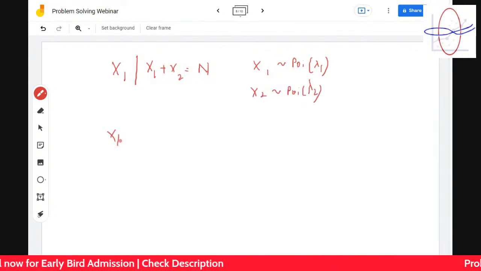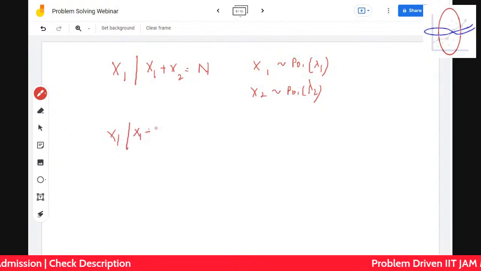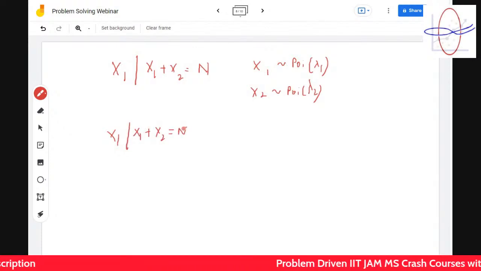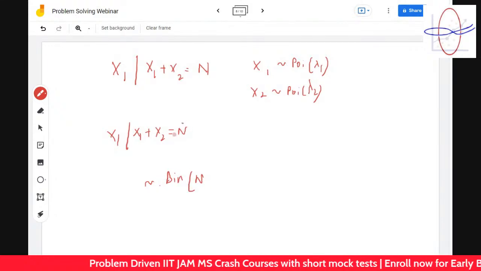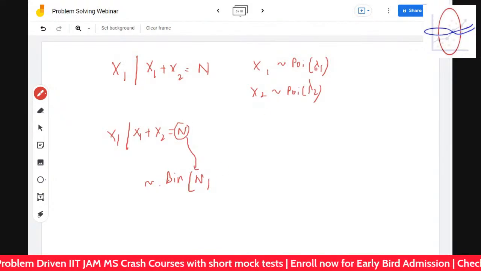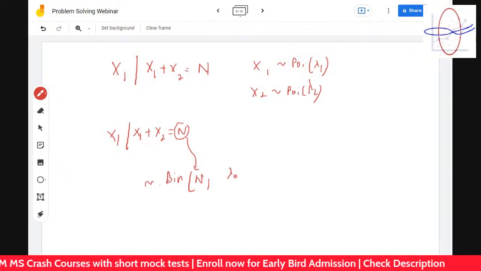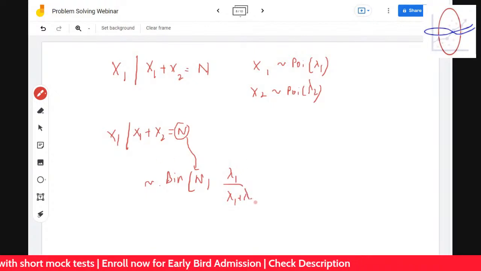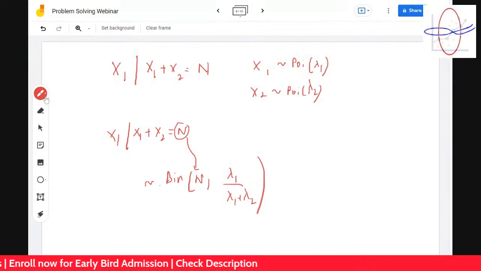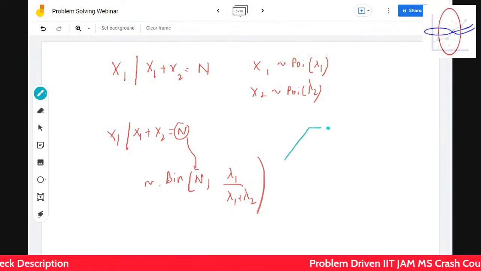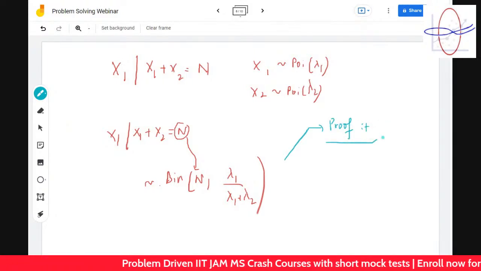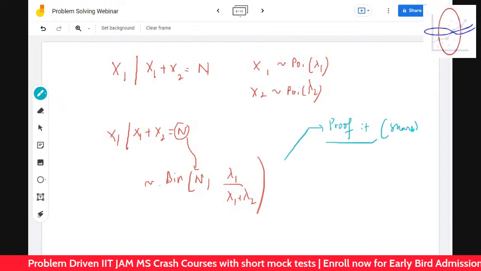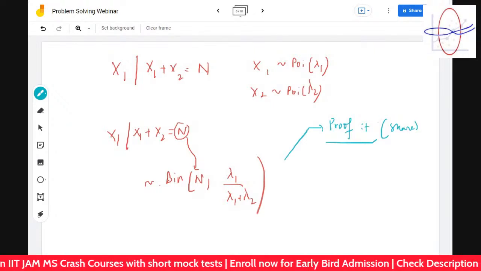Then X1 given X1 plus X2 is equal to N follows binomial N, lambda 1 by lambda 1 plus lambda 2. The homework after this class is that you should write down the proof of it and share it just after this class in the WhatsApp group we have.